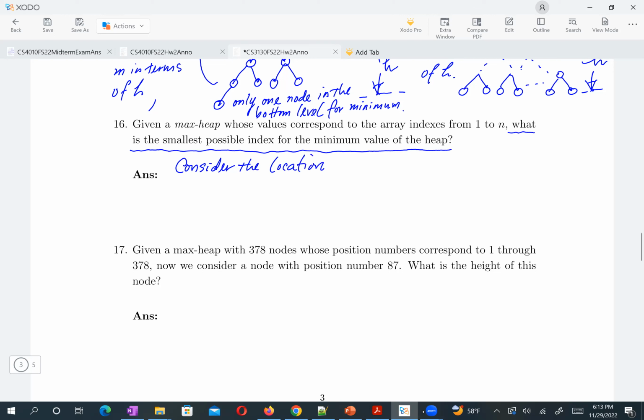What property must this element have? First, we know it is the minimum. You cannot find any other element with a smaller value than the minimum. It has the smallest possible value in the whole heap. That is its first obvious property.